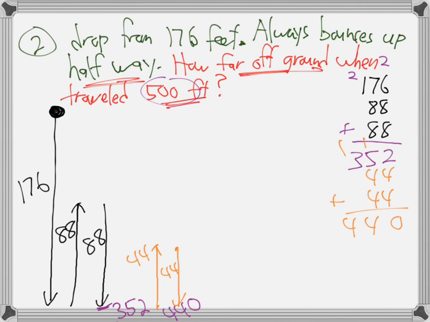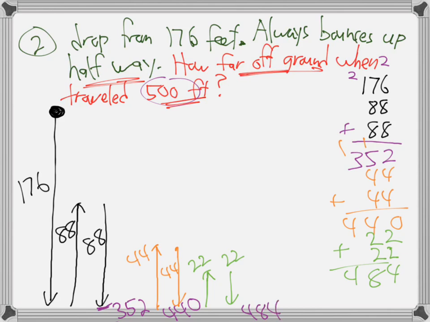So we keep going. What's it going to do now? 22. Yeah, it's going to go up and down. 22, 22. So add 22, add 22. Is that 484? We're getting close. So it's traveled 484 feet.